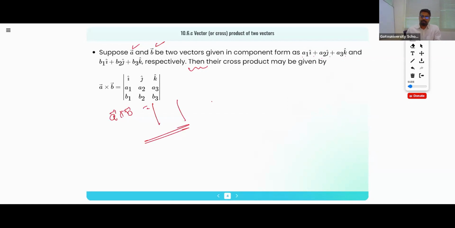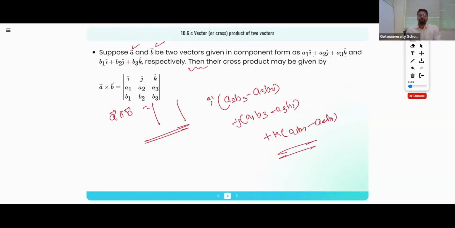It is i into (A2 B3 minus A3 B2), minus j into (A1 B3 minus A3 B1), plus k into (A1 B2 minus A2 B1). So this will give you the product, the determinant of this. Okay, so remember this part.